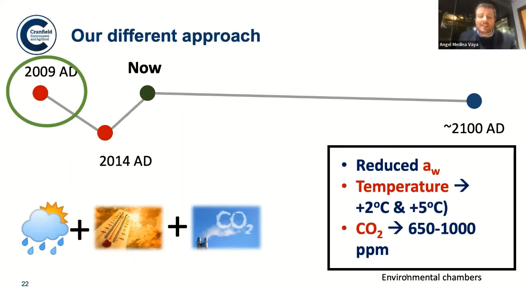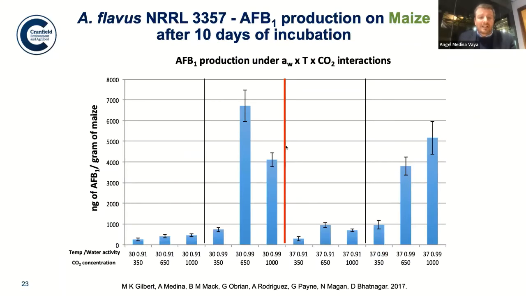And we did this in environmental chambers that were sealed, so we could control exactly what was the environment inside those boxes. And these were the results. Here you have different temperatures at the beginning, 30, 30, 30, or 37, 37, 37. We have 7 degrees of difference. Then 0.91 is dry conditions, 0.99 is wet conditions, and then we have 350 ppm of CO2, 650, and 1000.